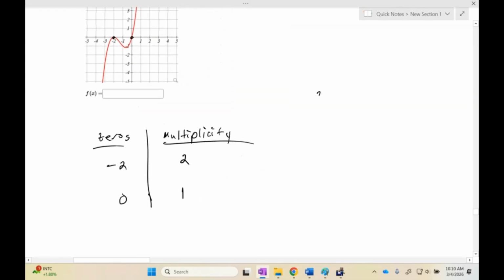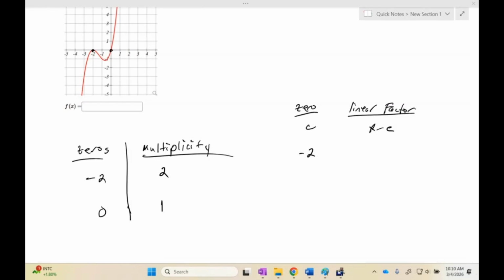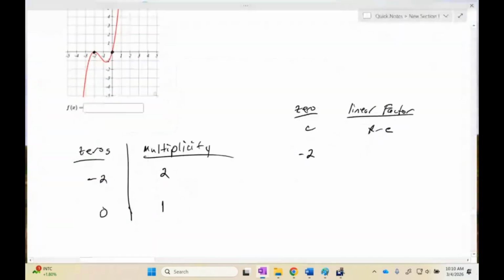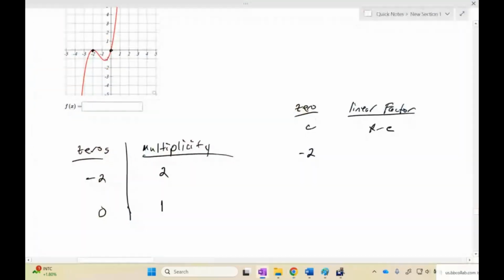So remember the 0 linear factor conversion. What is -2 as a 0? Well, my 0 is -2, and I'm just going to substitute -2 into this linear factor formula. So that's x minus a -2, which gives us x plus 2, right?